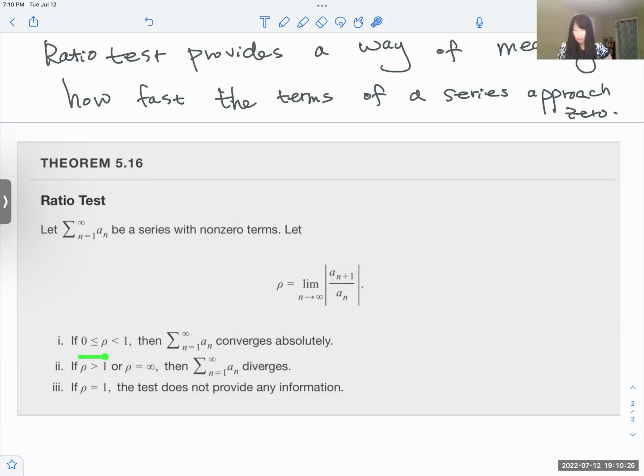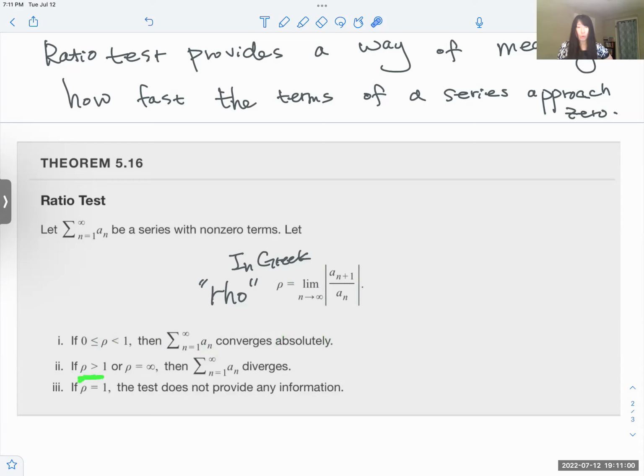Now, if, okay, we call this rho in Greek. Rho. Okay, we read rho. Then if this rho is between 0 and 1, includes 0, then the whole series converges absolutely, because we take the absolute value, okay?